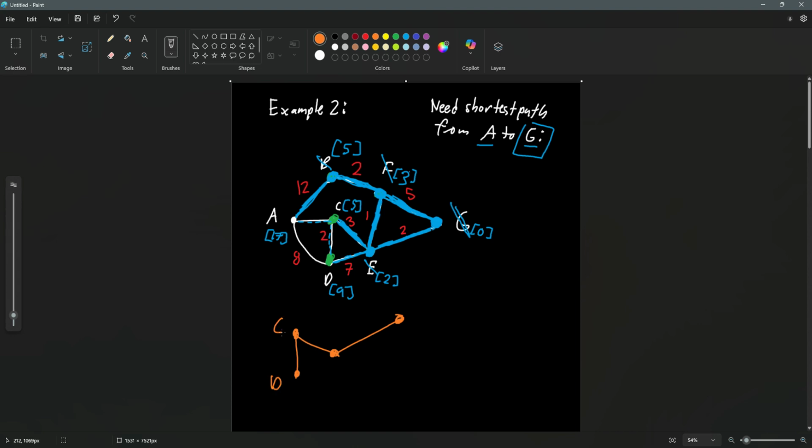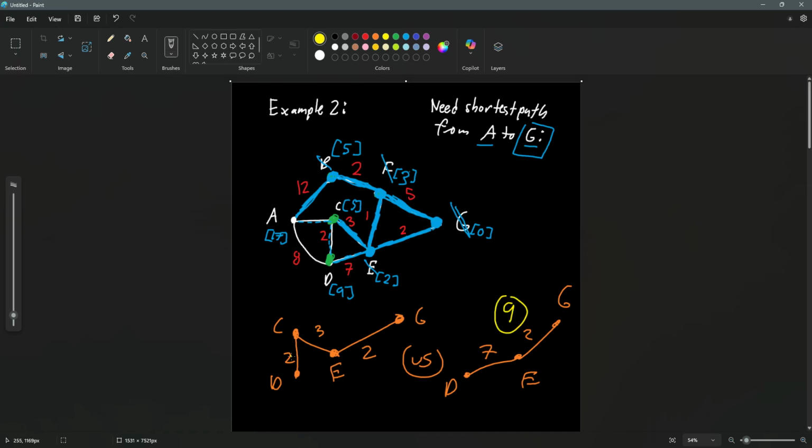So D, C, E, G, versus D, E, G. All right, this 2, 3, and 2. If we add all these up, the one on the right-hand side is 7 plus 2, that's 9.